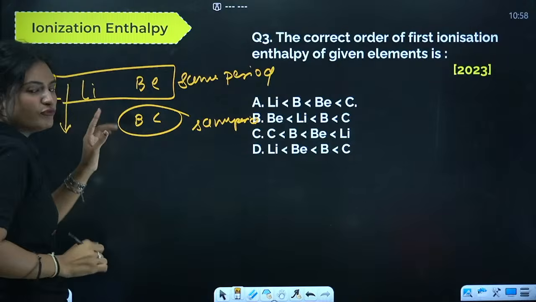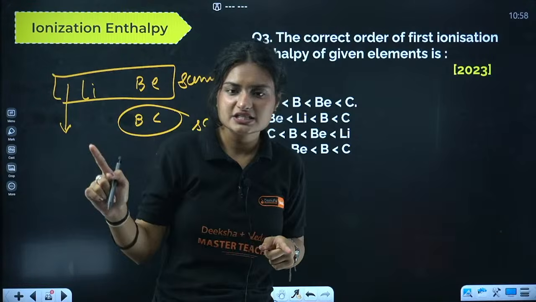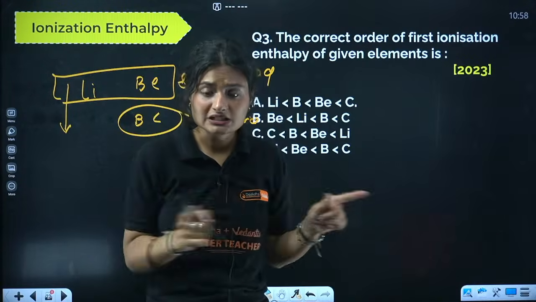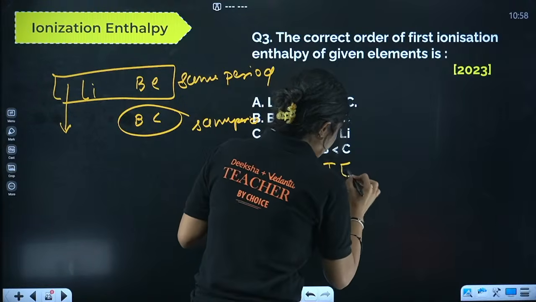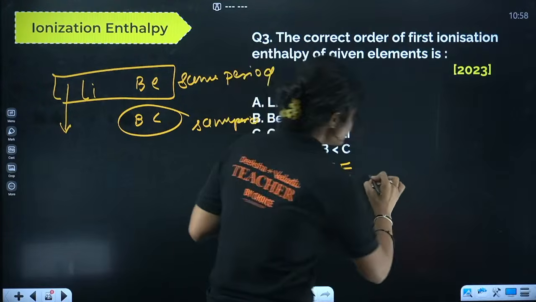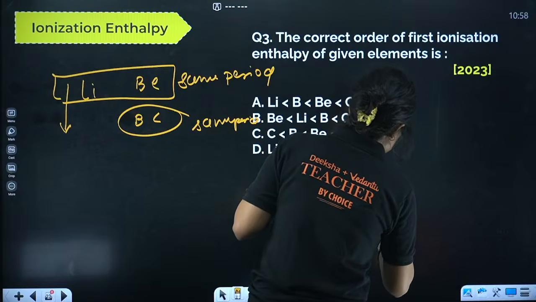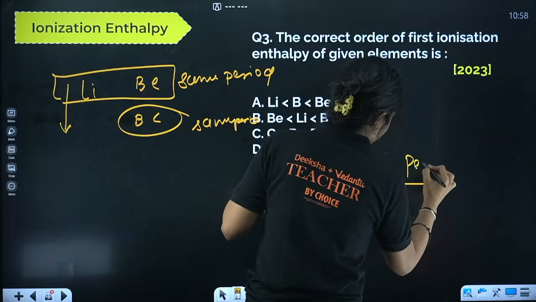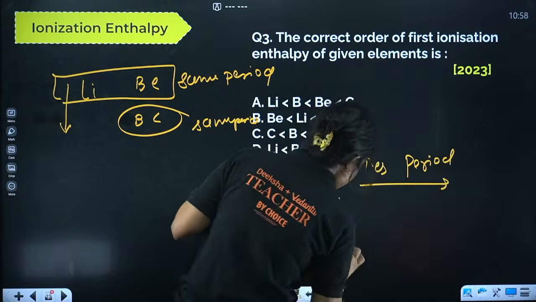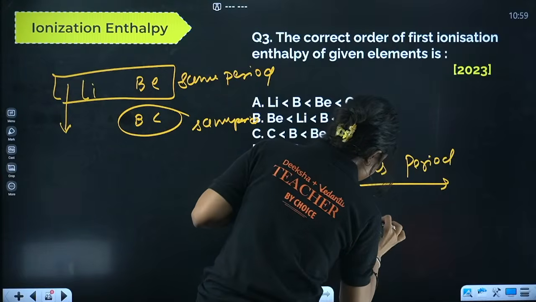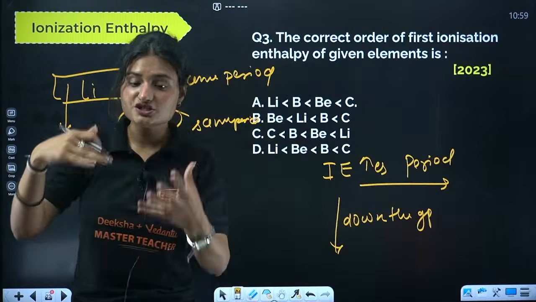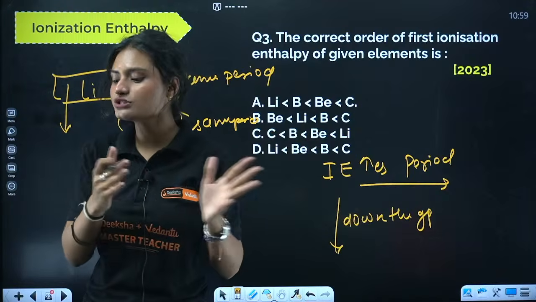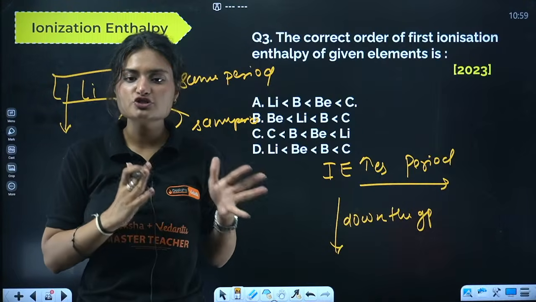Do you know what happens to ionization energy when we go along the period and down the group? Just for revision: ionization energy increases along the period and decreases down the group. Ionization energy is the energy required to remove the outermost shell electron.